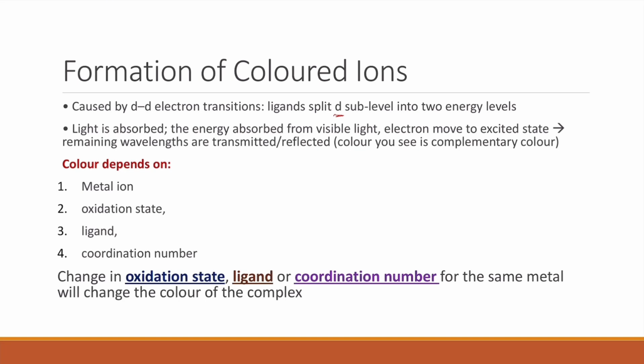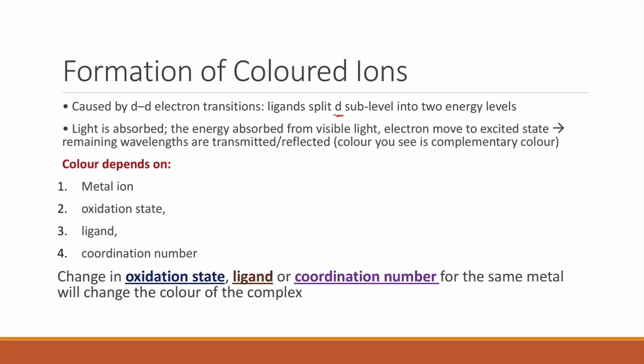The second one is the oxidation state of that metal ion. You could be using the same metal ion but with a different oxidation state, and that will give you different colors. Then the ligands: different ligands will give you different colors. And finally, the coordination number, whether you're going to have two, four, or six ligands surrounding your central atom.